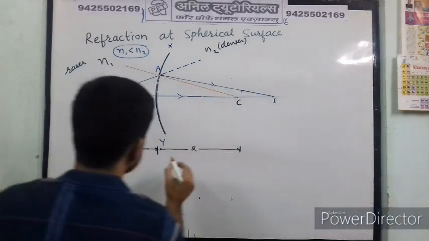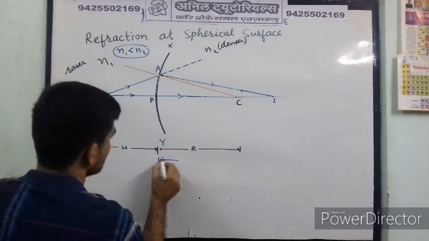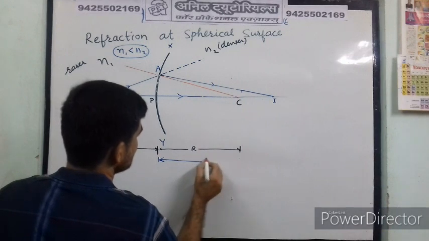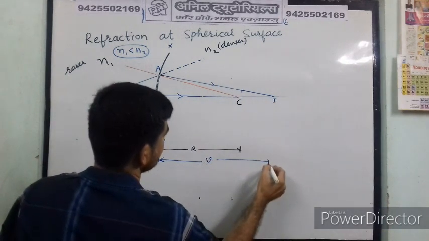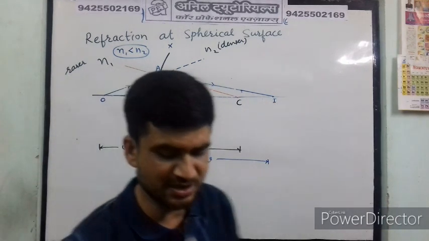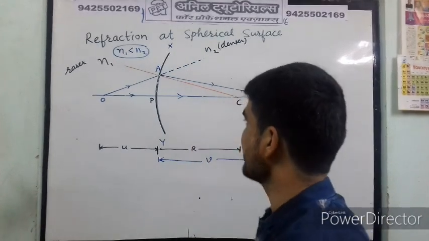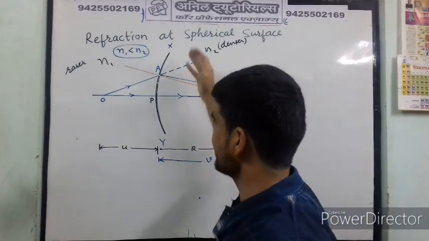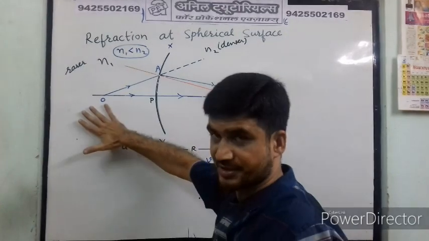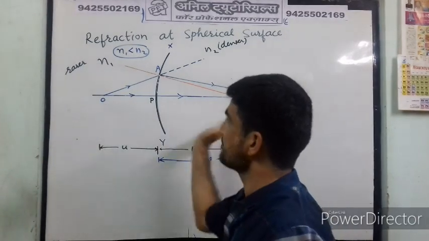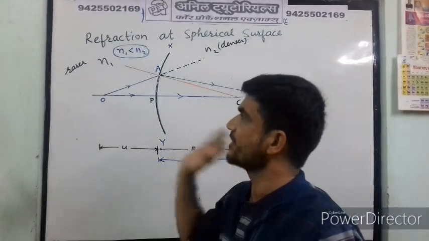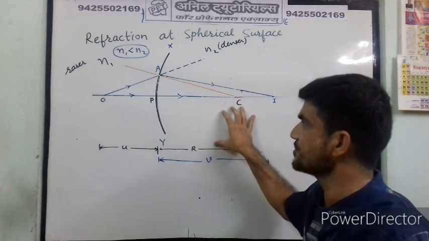We put the name, this image distance is suppose V. See once again, XY is a convex surface, meaning it's convex towards the object, which separates the two different media of refractive indices n1 and n2.